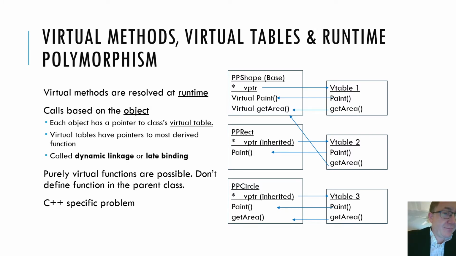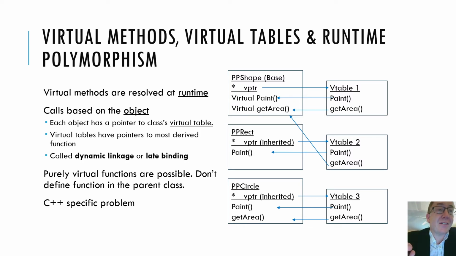That's all it is. But I get a pointer to this lookup table and it gets generated for me for free. So I make an object of type rectangle, I get a lookup table. I make an object of type circle, I get a lookup table. And so this lookup table is on the object. The calls are based on the object itself, not the class.